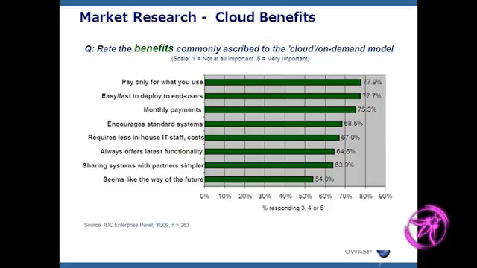So, according to IDC, which is a market research firm, they did a survey, and they usually do such surveys every quarter, depending on what is the hottest topic at that time. And they came up with a list of why people are running towards adoption of cloud computing. Number one is cost, and also the pay-as-you-go model. You could argue that over a very long time, pay-as-you-go on a monthly or quarterly basis may be more expensive than investing in a traditional data center.